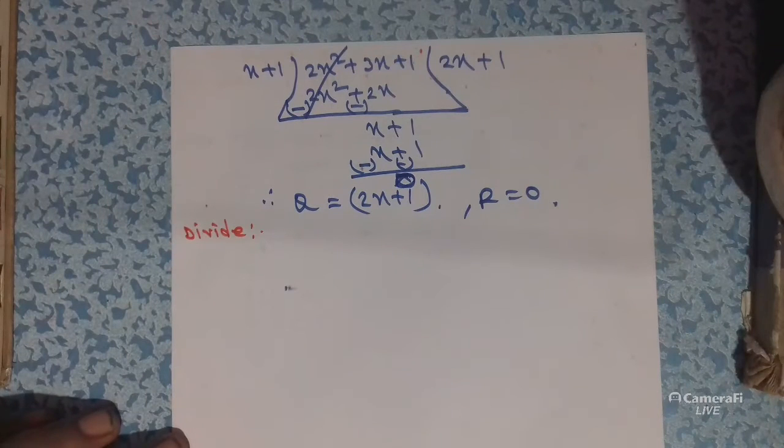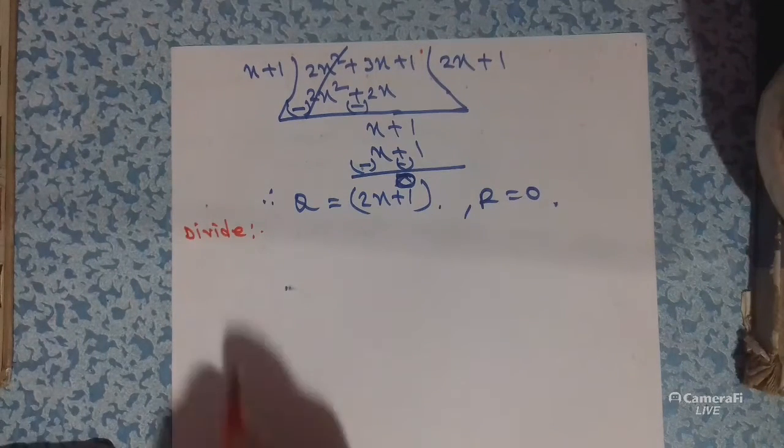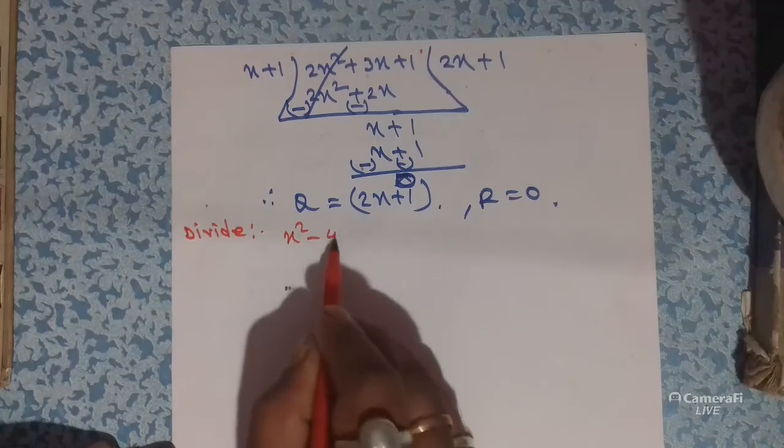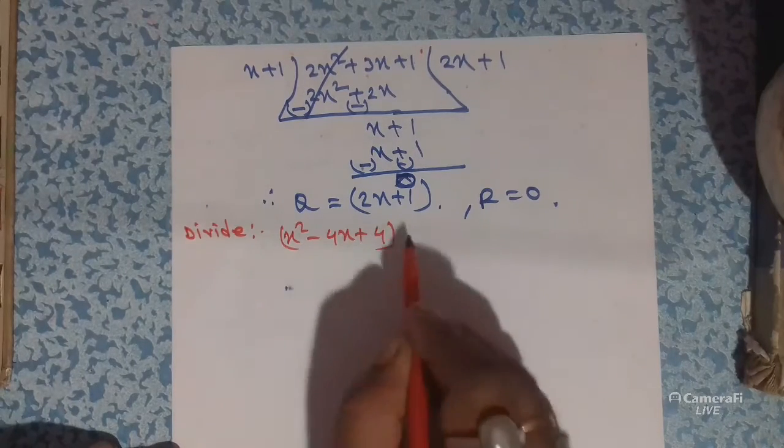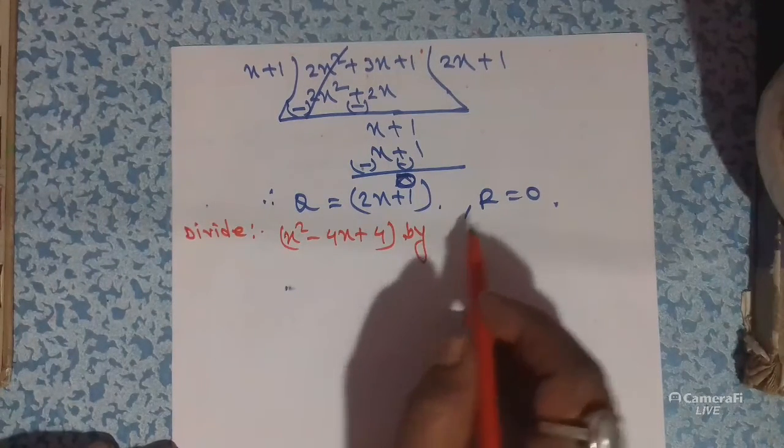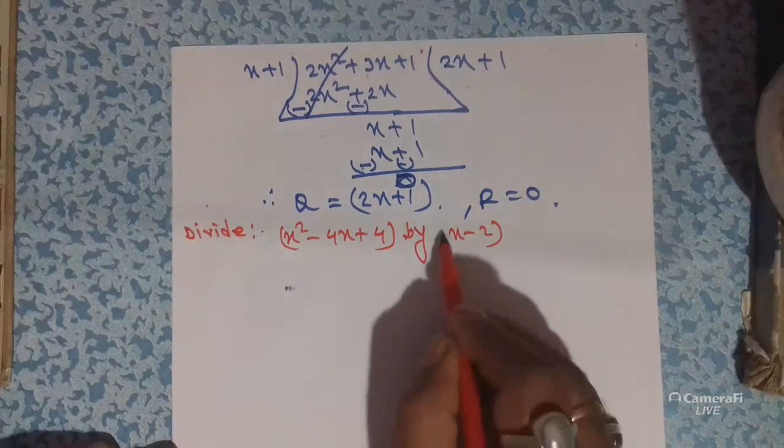Divide x square minus 4x plus 4 by x minus 2.